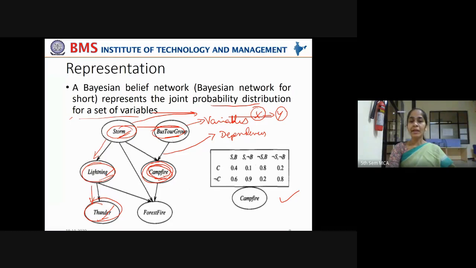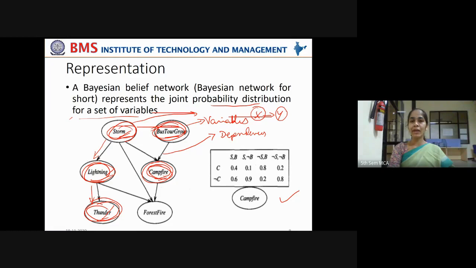I'm repeating, campfire is conditionally independent of lightning and thunder given storm and bus tour group. I can say this because lightning and thunder are not predecessors of campfire, but storm and bus tour group determine campfire, they have some effect on setting up a campfire.